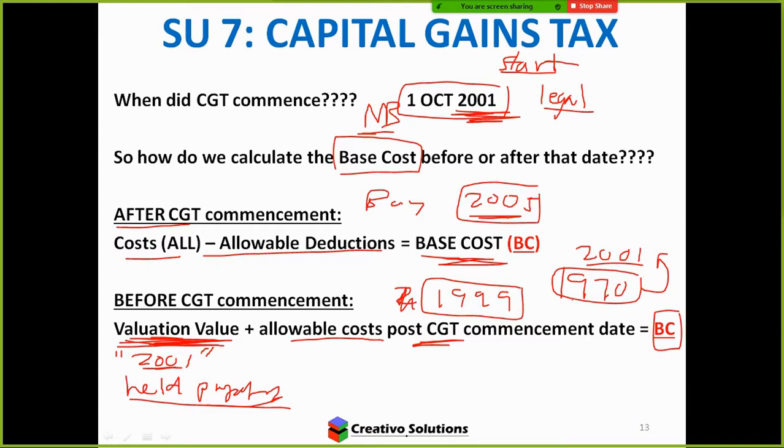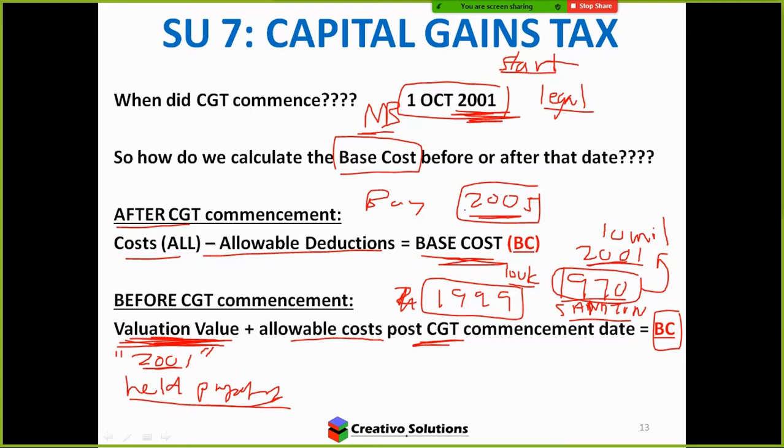So if you bought property in 1970, let's say in Sandton, the value in 2001 could have jumped dramatically. Maybe you bought the property back in 1970 at 100,000, and now in 2001 your property is worth 10 million. That's a huge increase in value over a long period of time.